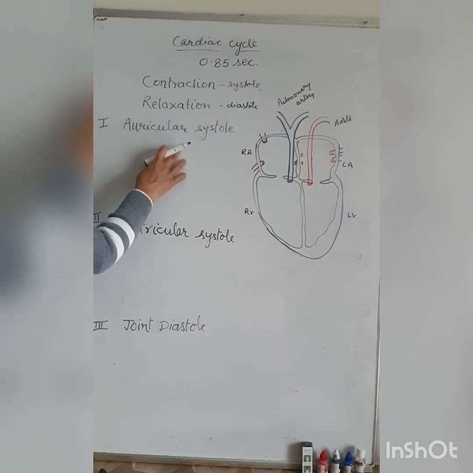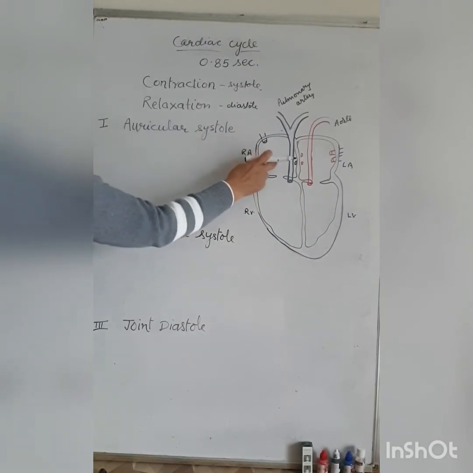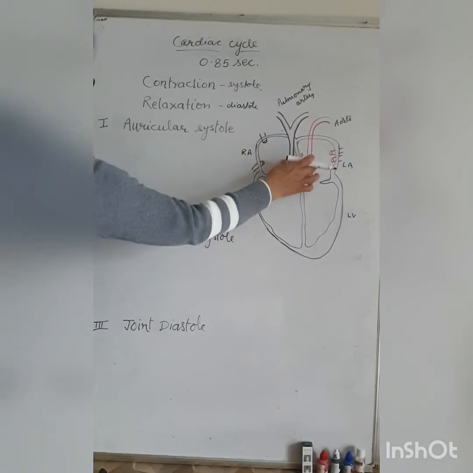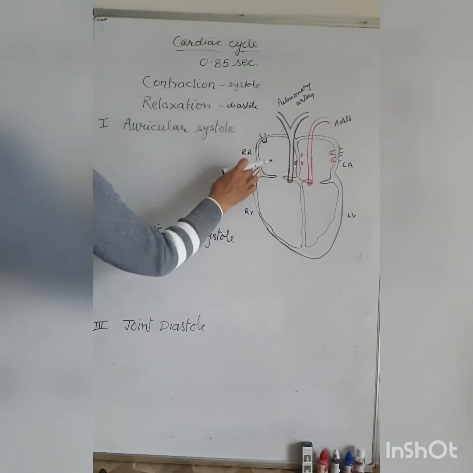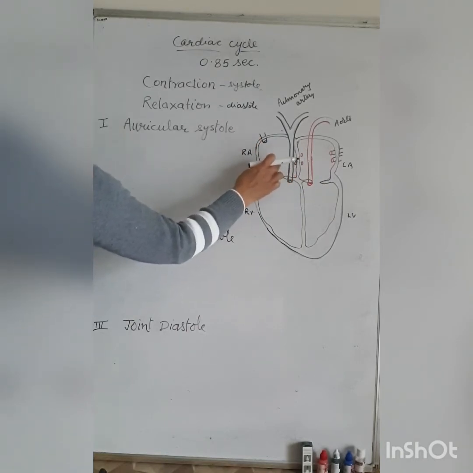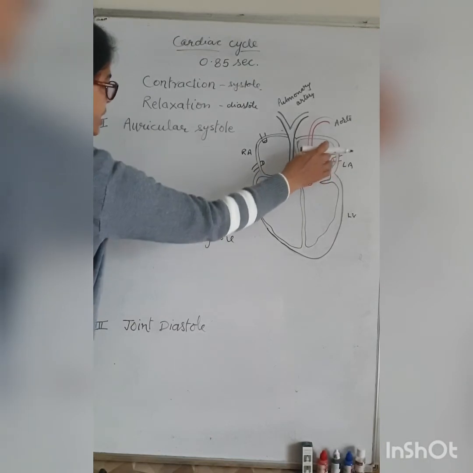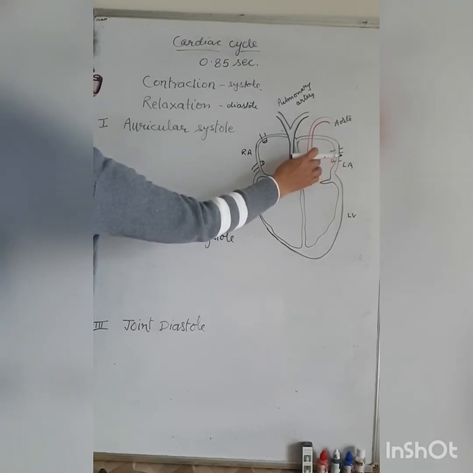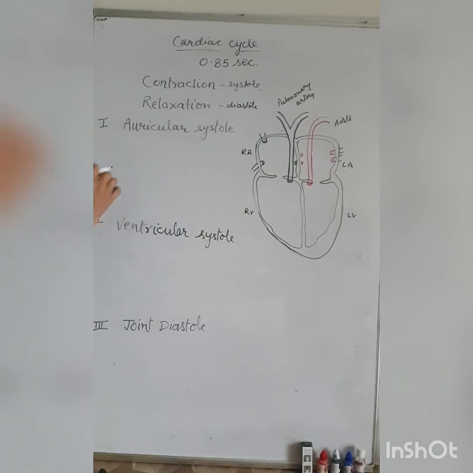During the auricular systole, the right auricle has deoxygenated blood coming in through the vena cava and the coronary sinus, and from the lungs the oxygenated blood comes through the pulmonary vein into the left auricle.